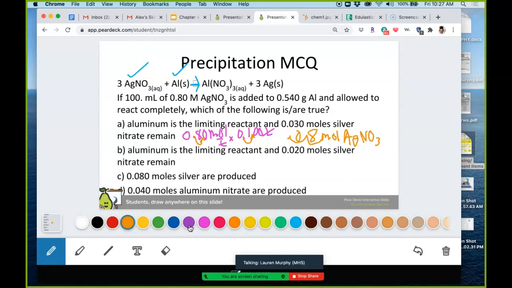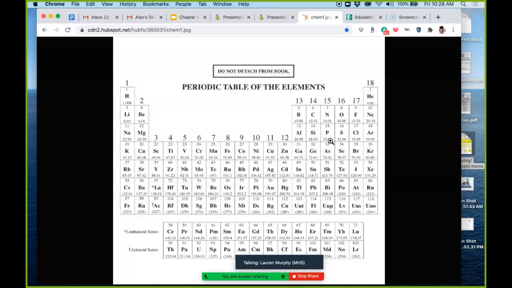Okay, now we're going to do this again, except they gave me grams as my starting point for aluminum, so you should be able to use the periodic table to turn grams into moles. So you go to your periodic table, and aluminum is 26.98, like we don't get a calculator, right? So that's 27, pretty much.